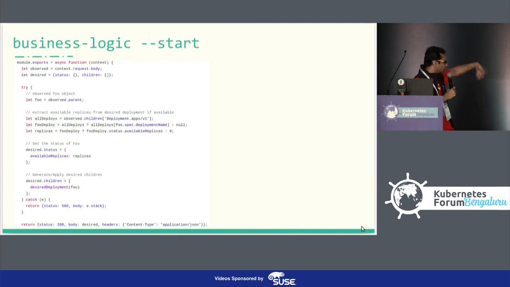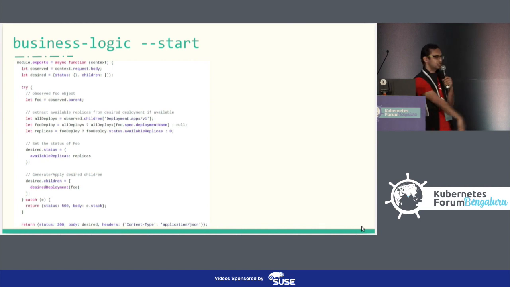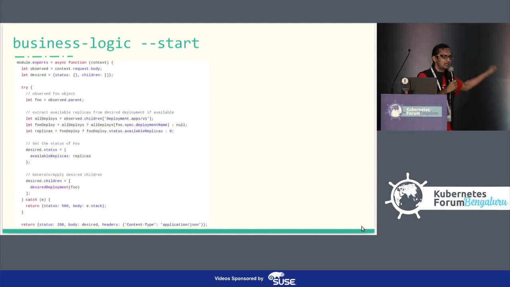So what this code does is, when you apply a foo resource, a deployment gets created, and the count of replicas of the deployment will be set against the status of the foo. And what you are seeing here is exactly that amount of code that you need to write. I have not tried to hide away any important stuff.